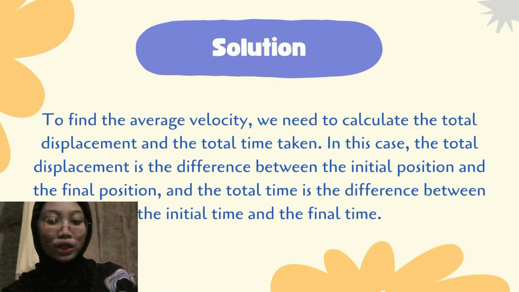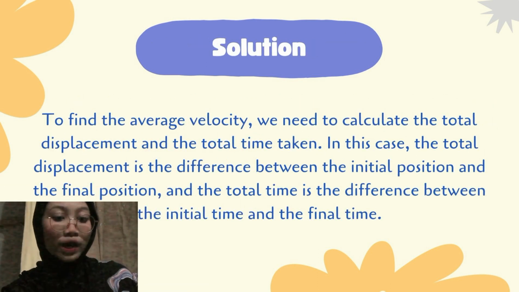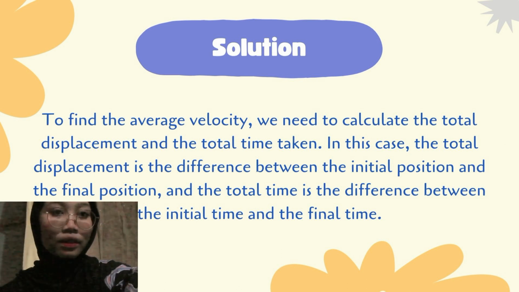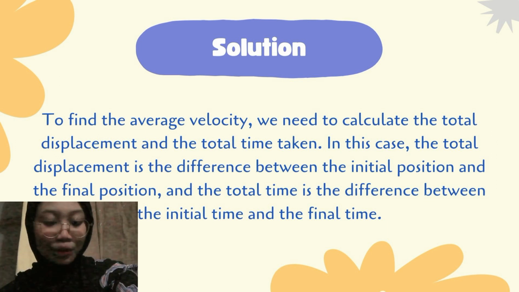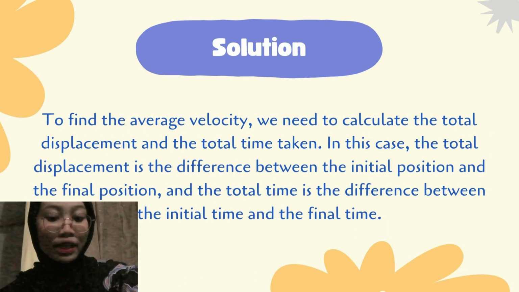The solution: to find the average velocity, we need to calculate the total displacement, which is the difference between the initial position and the final position, and the total time, which is the difference between the initial time and the final time.